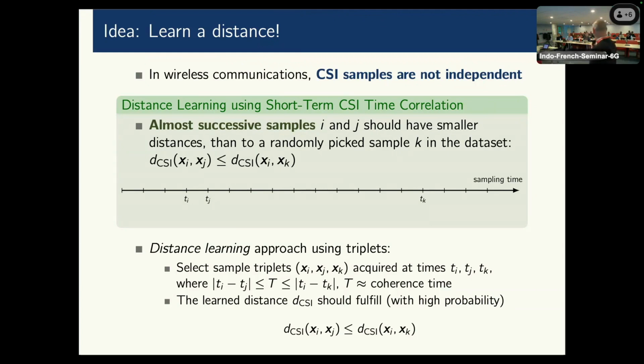So all I'm saying is that successive samples should be more similar than non-successive samples. This gives me this inequality, and I'm going to use this inequality to drive the estimation of a distance.